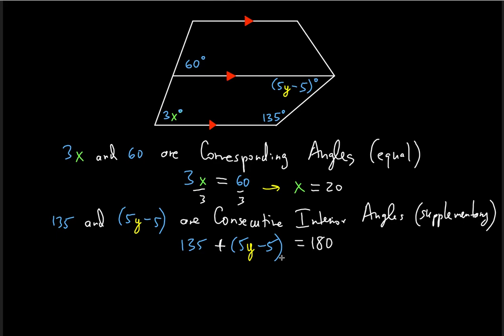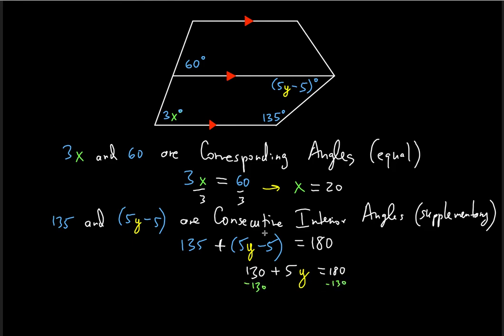Notice that 135 minus 5, combining like terms, gives you 130. So 130 plus 5y is equal to 180. Then, of course, you want to subtract 130 from both sides.